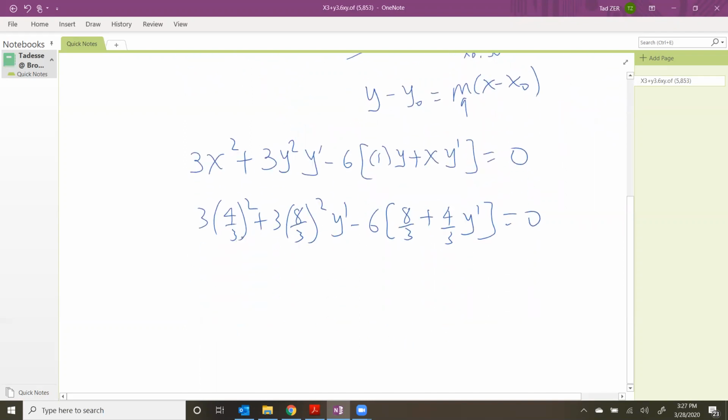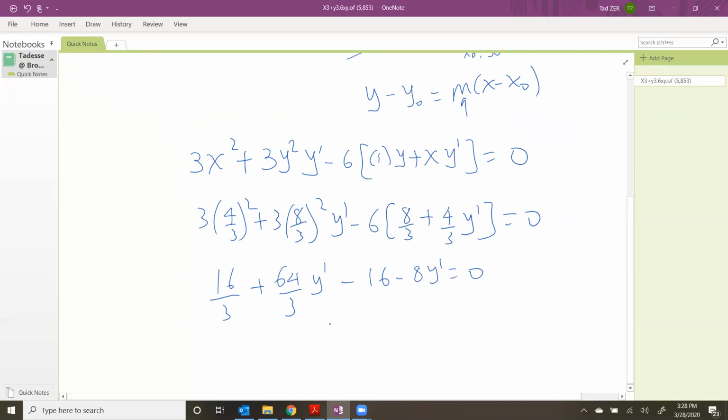I don't have to spend time on this one. 3 squared is 9, 4 squared is 16. So this will be 16/3 plus 64/3 y prime minus, if you distribute the 6, that will be 16 minus 8 y prime equal to 0.